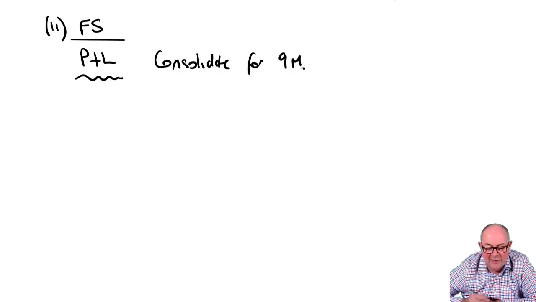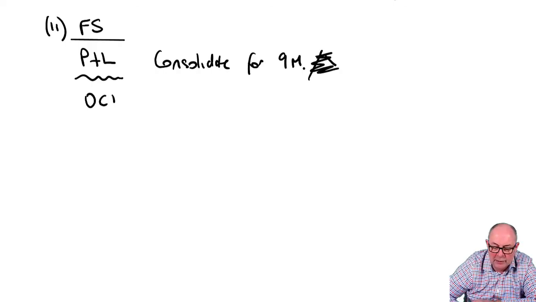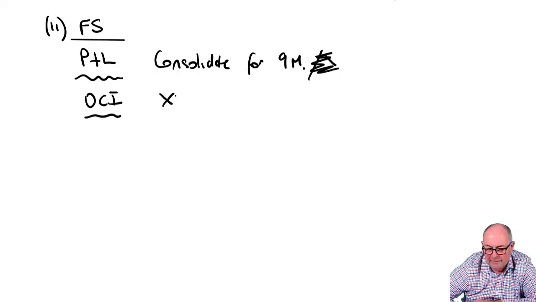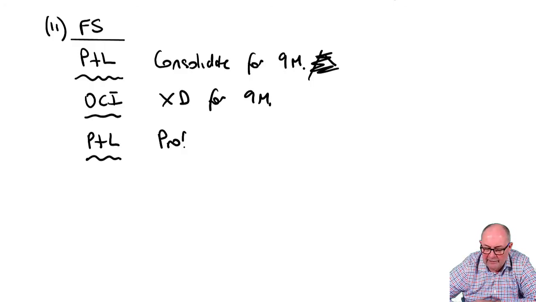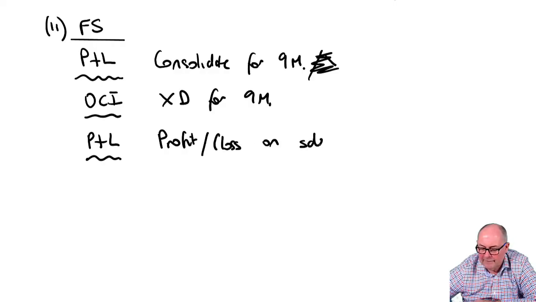There's the fact, isn't there, that for that 9 months, the exchange differences will continue to be reported in OCI. Also, in the profit and loss account, we've got the profit or loss on sale. If the company has been sold, there's not going to be anything in the balance sheet.